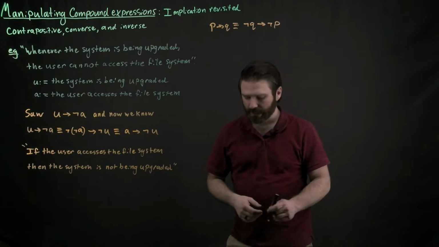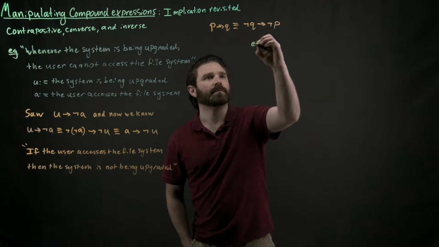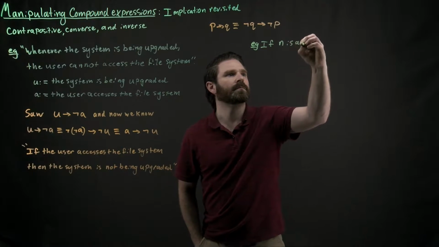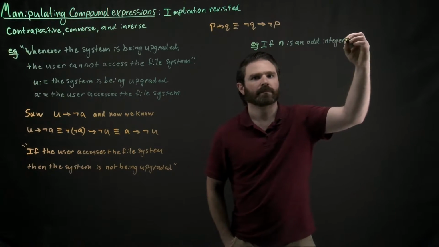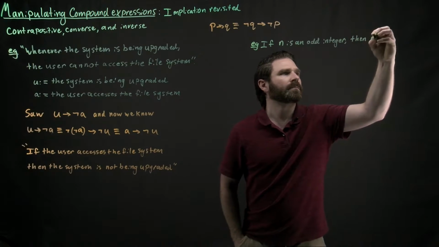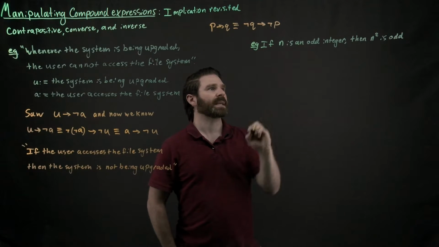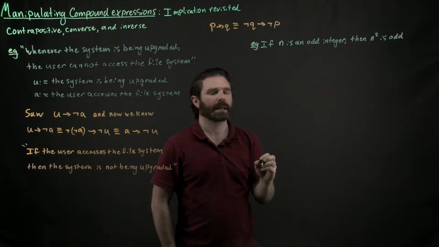As another example, let's go ahead and consider this statement. If n is an odd integer, then n squared is odd.